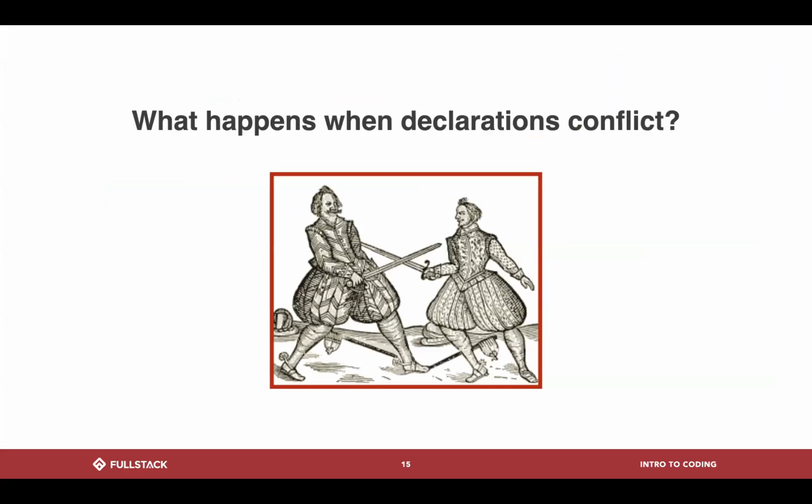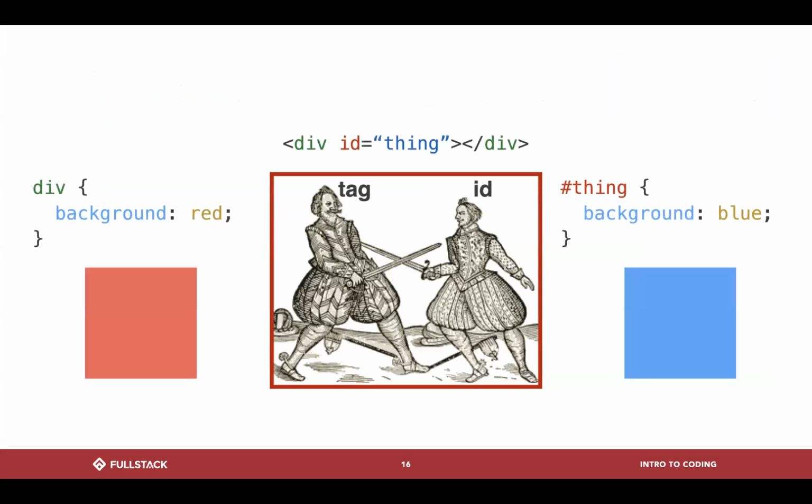Okay, so what happens when two rules conflict? What happens when we get a collision? So here's some stuff that will help you in figuring out how the computer is going to decide which one to actually apply.